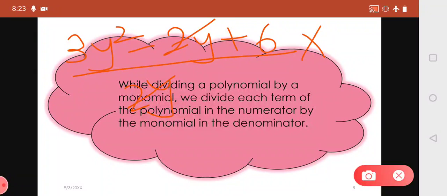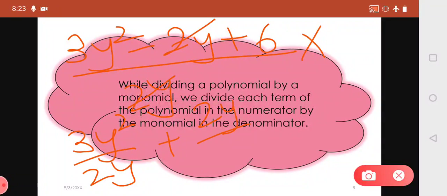This means each and every term of the given polynomial should be separately divided by the monomial of the denominator. That is, we will write 3y square upon 2y plus 2y upon 2y plus 6 upon 2y. This is how you have to divide each term of the polynomial with the monomial.